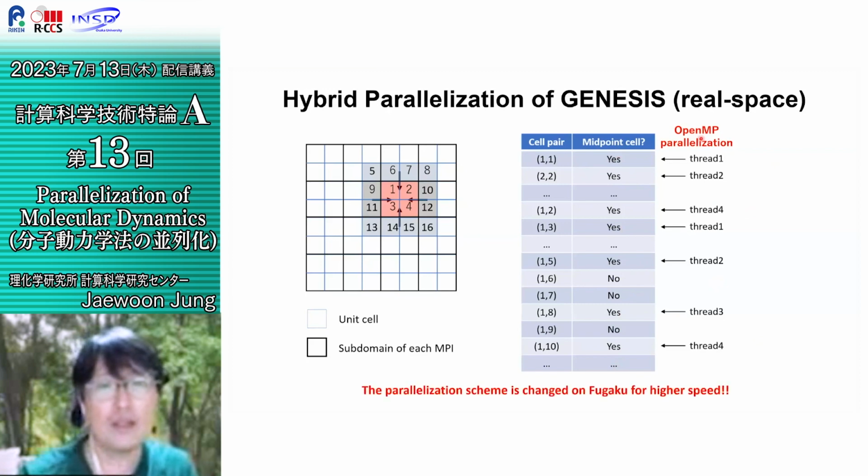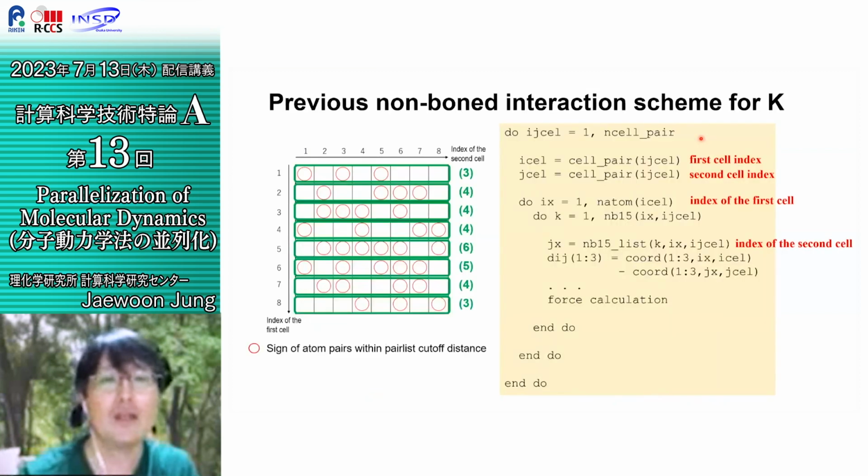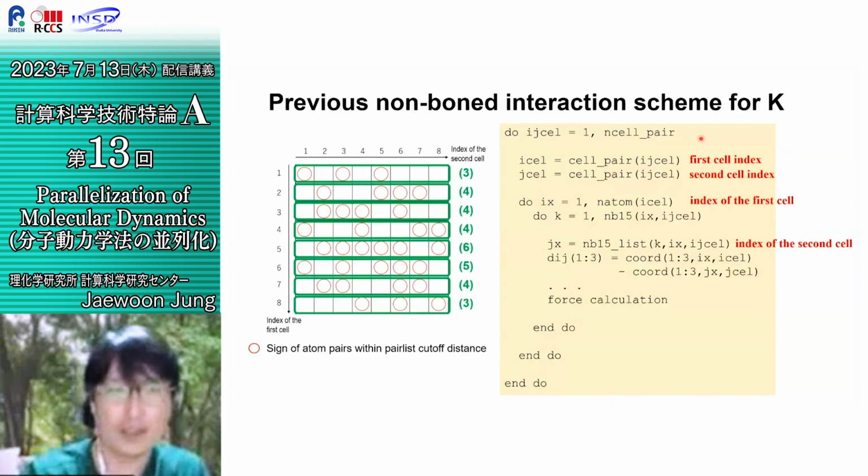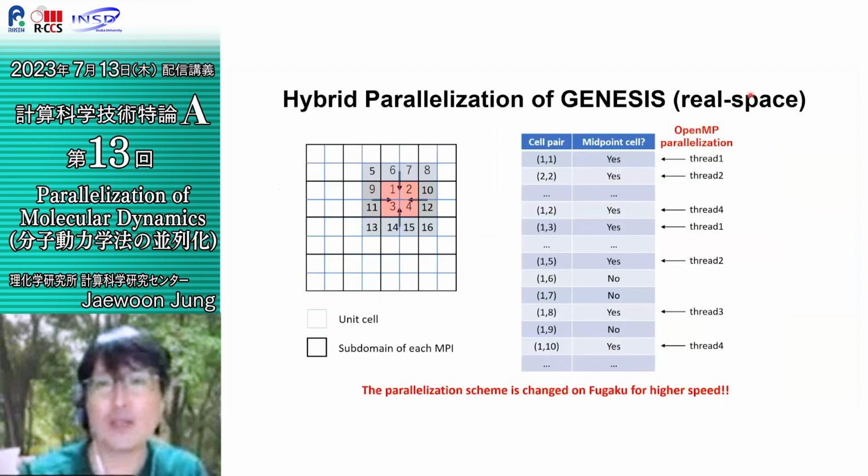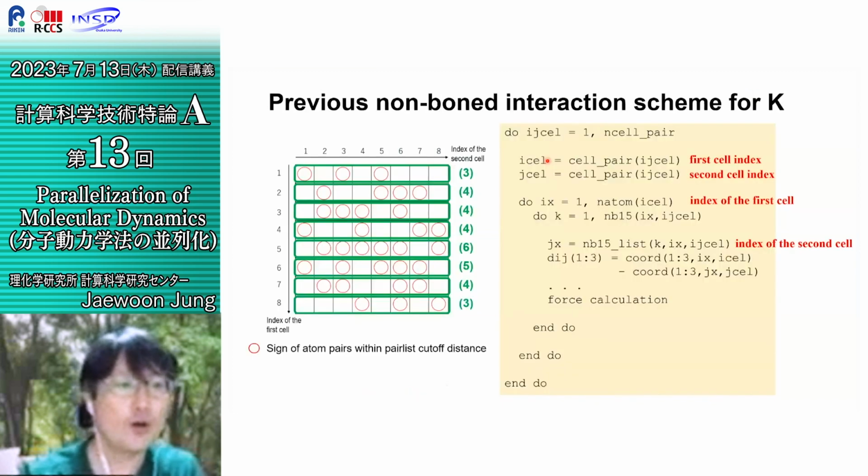It basically makes use of this kind of parallelization, but for high speed on Fugaku, we selectively modify the scheme. Previously, every calculation was based on the cell pair. Assume that the first cell has atom indices like this, and the second cell has atom indices like this. Within the threshold values, the circle means they are very close to each other.